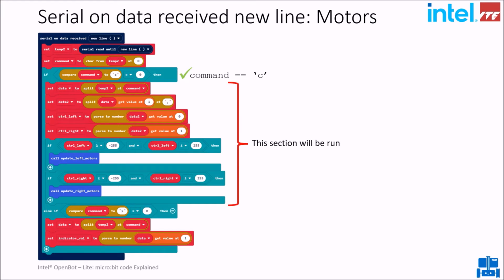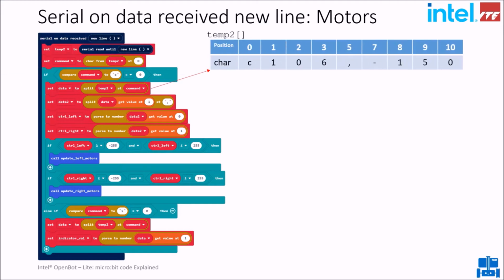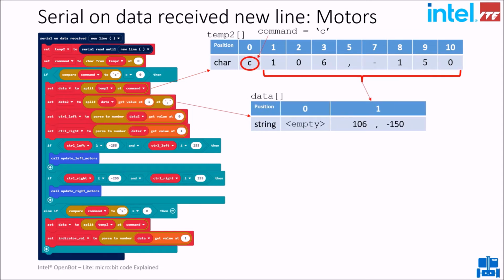Let us have a closer look. Remember temp2 contains this string. The temp2 string is split at the command character and stored in the data array. The first member of the data array is empty as there is no string before c. The second member of data contains the string values of the motors.